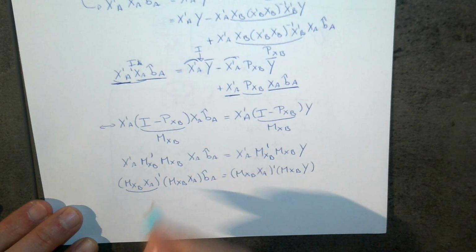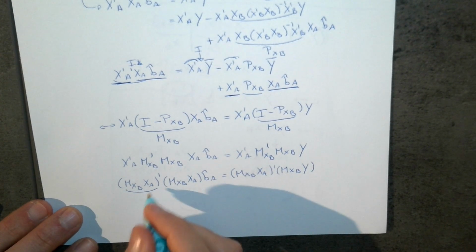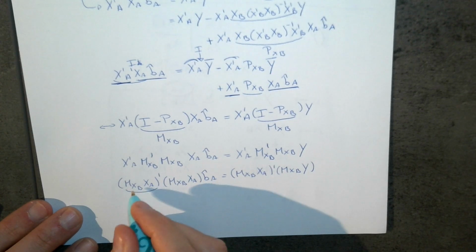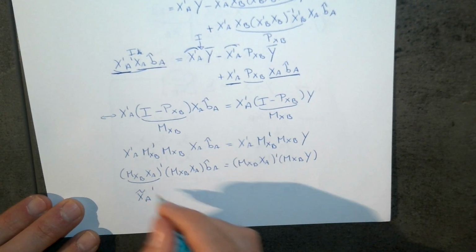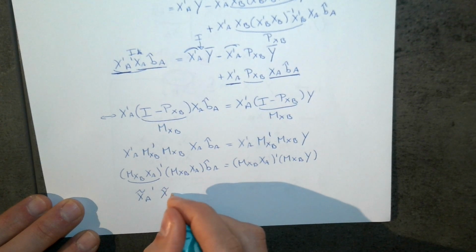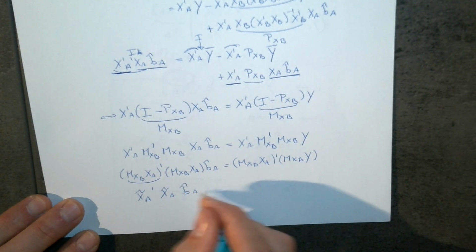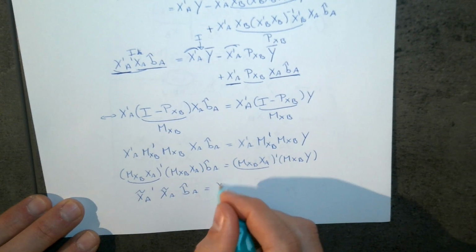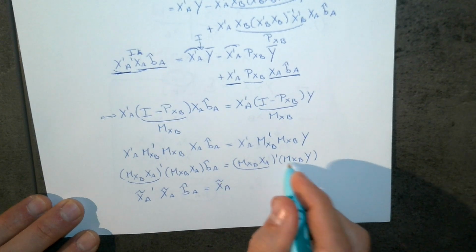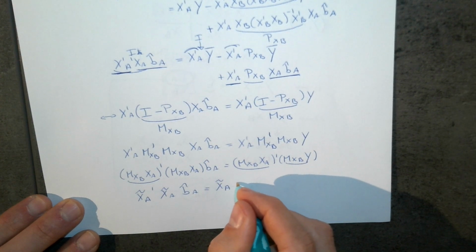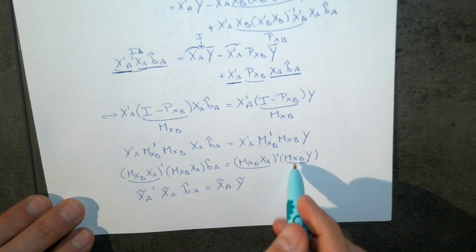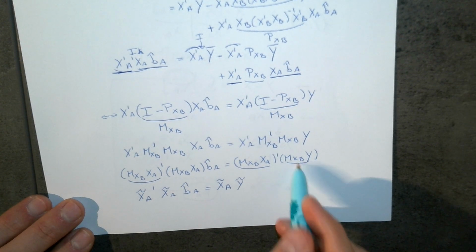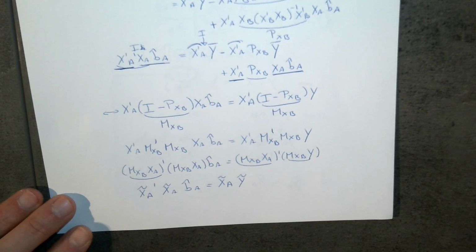And here this is simply the residual that I get after regressing xa on xb, which I called x tilde a. So x tilde a prime x tilde a, b hat a is equal to x tilde a prime times my y tilde, the residual that I get after regressing y on xb.